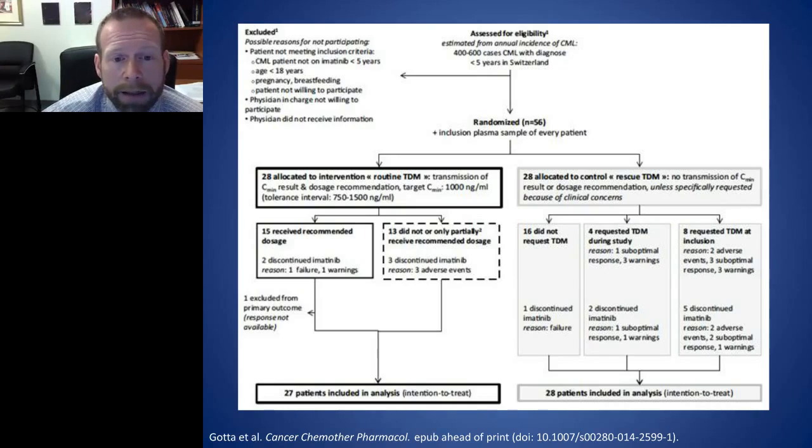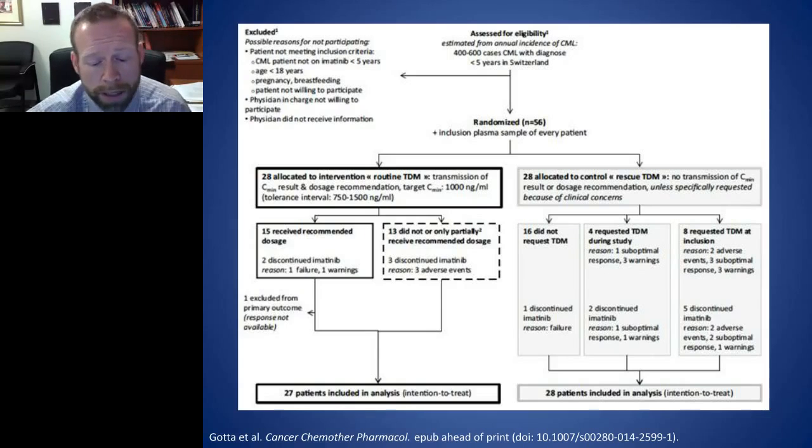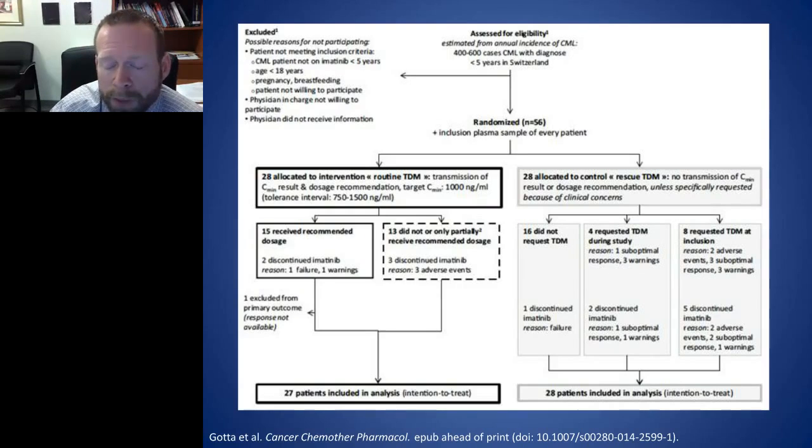And then they had the other half of the patients allocated to a routine TDM, which means that during this they would get the Cmin or the trough concentration result along with a dosage recommendation. The dosage recommendations were not strictly pharmacokinetic guidance. They separated the patients into bins.